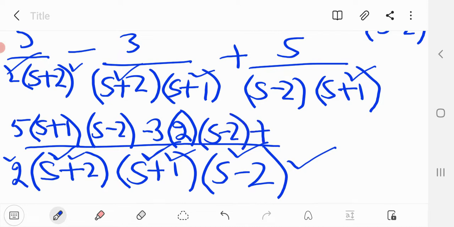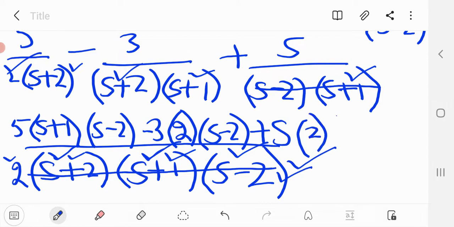Similarly, plus s into, again the complete denominator divided by these two. So s minus 2 will be cancelled, s plus 1 will also cancel, so the remaining factors are 2 and s plus 2. So 2 into s plus 2.